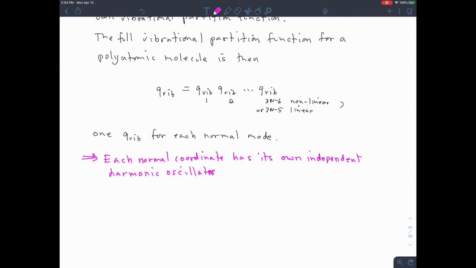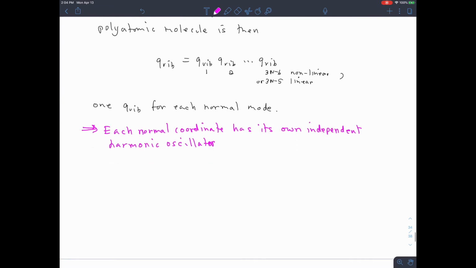Which means that each normal mode has its own independent ladder of states, each its own independent fundamental frequency, and therefore gap size.